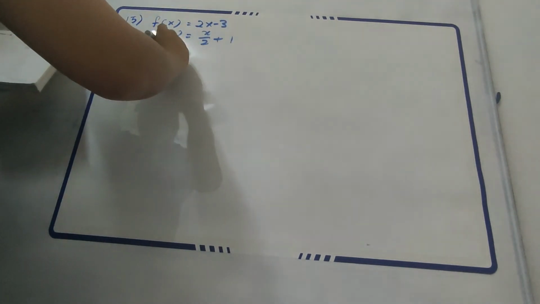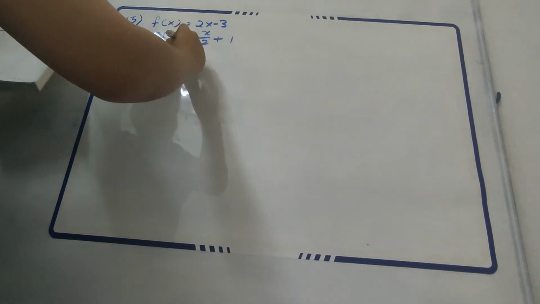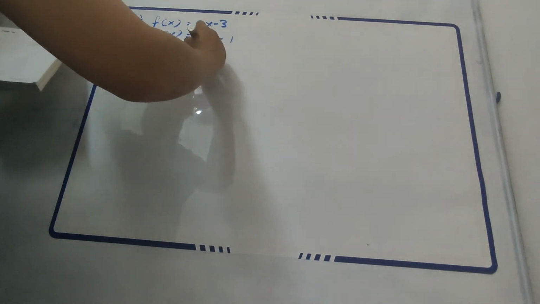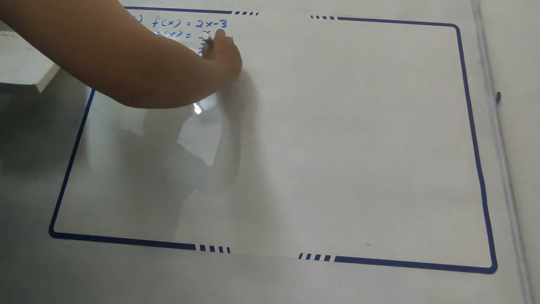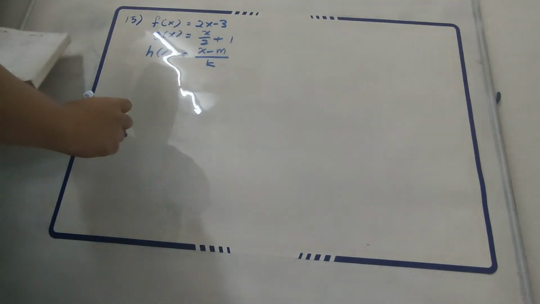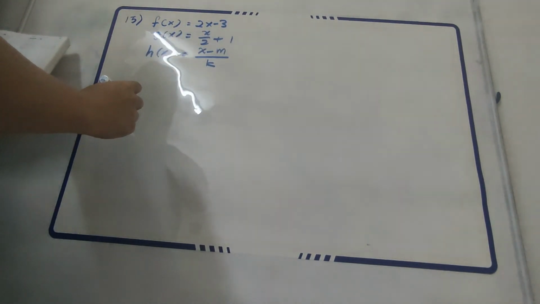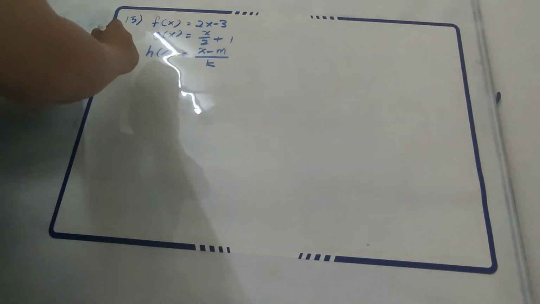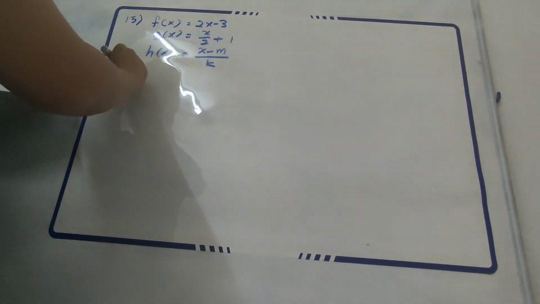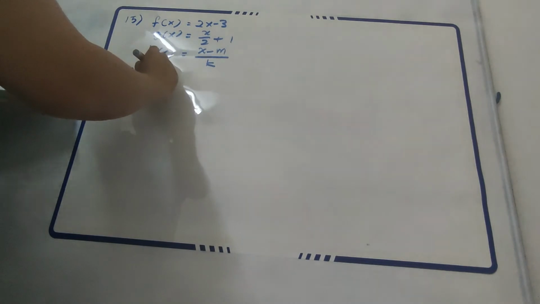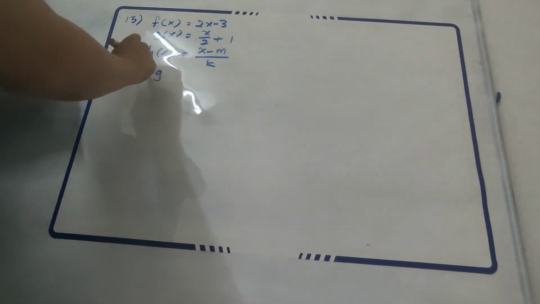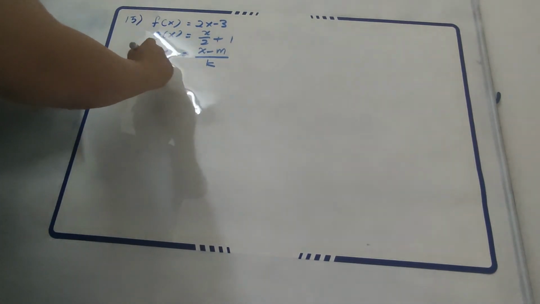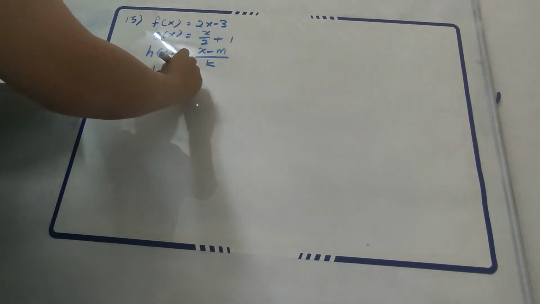Then the function h is (x minus m) divided by k. First part: find out what is the composite function with the inverse function of f, with g(x) inside.